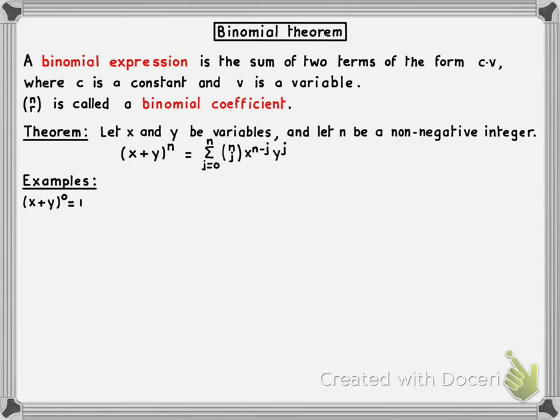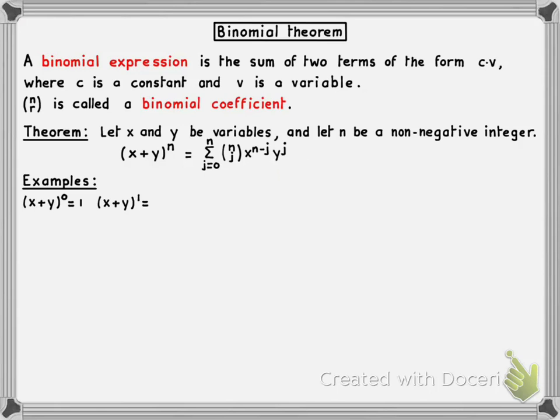A little bit more interesting now, let's look at (x + y)^1. We can have two terms in this sum, 0 and 1. For j equals 0, we're going to have 1 choose 0, that's 1, times x to the power 1 minus 0, which is 1, so we're going to have an x, times y^0, or 1.